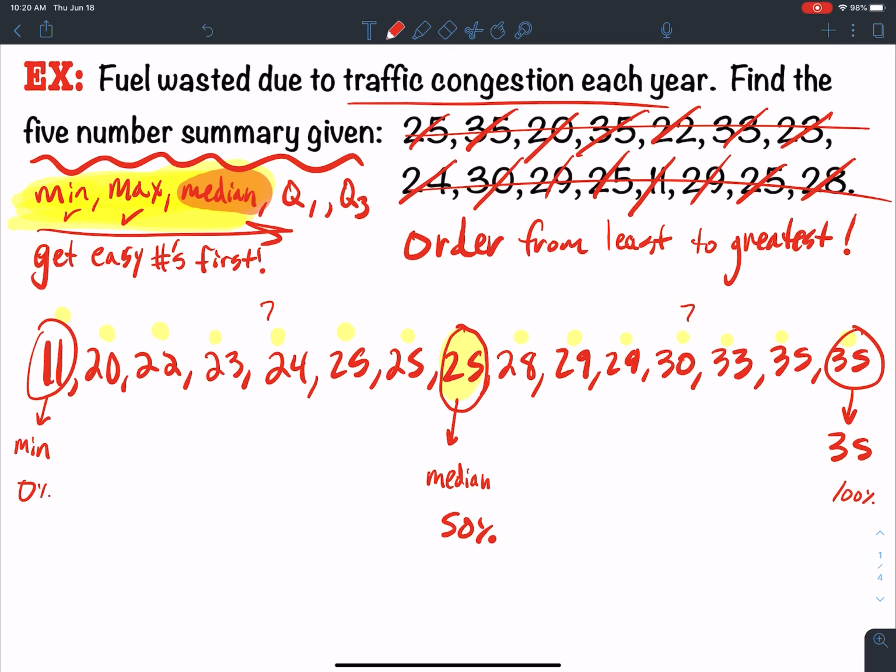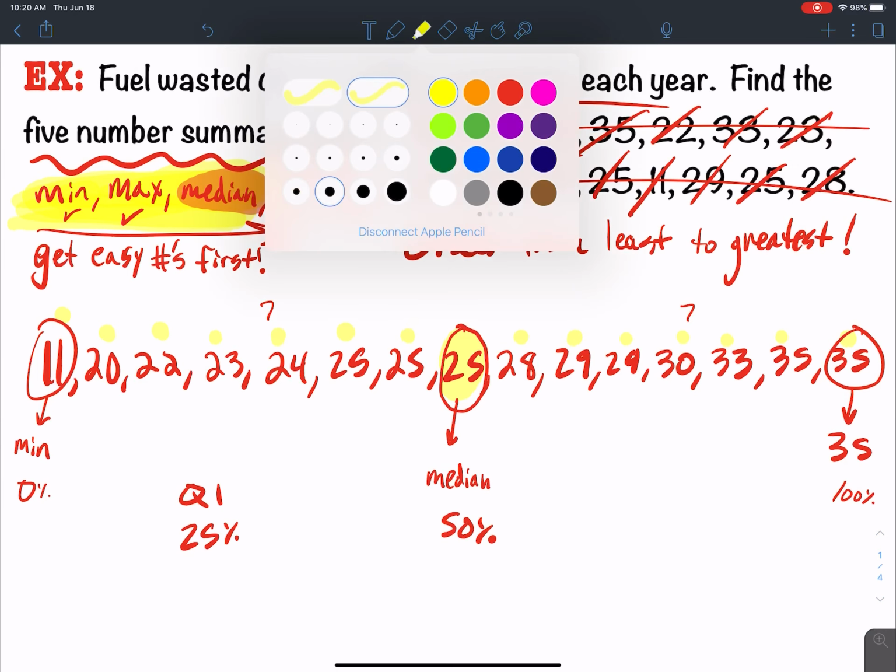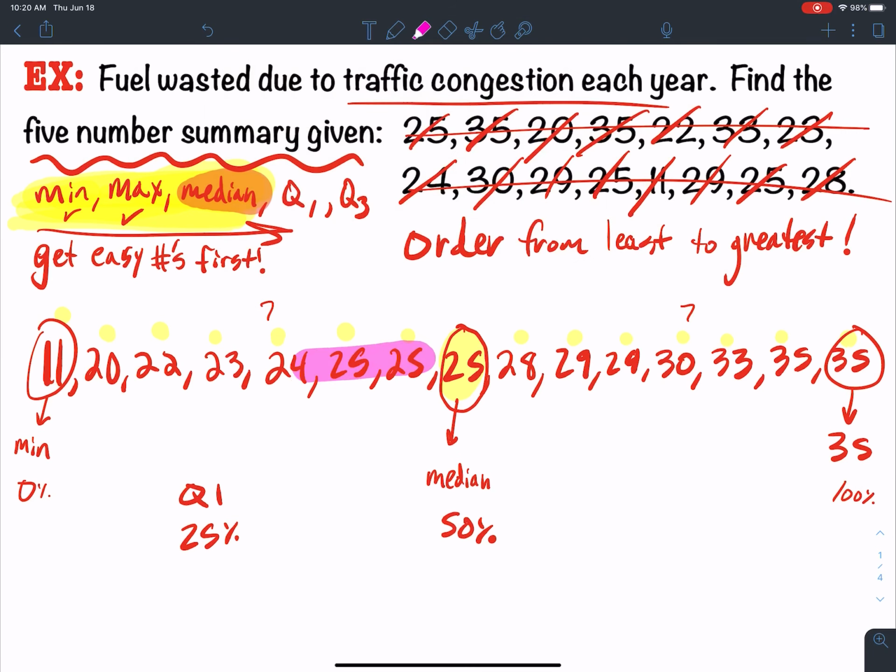Okay, so how do we figure out Q1? Remember, Q1 is 25% less than it, or that's the 25th percentile, right? And 75% greater. So what do we need to do? We need to look at the numbers that are on the left side of the median.